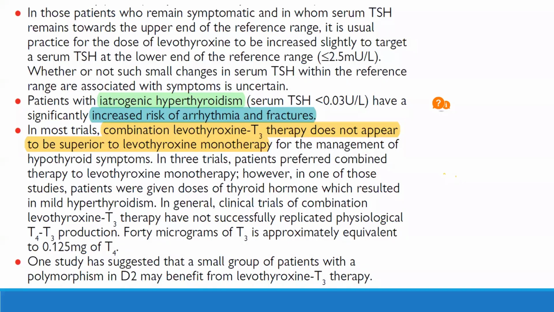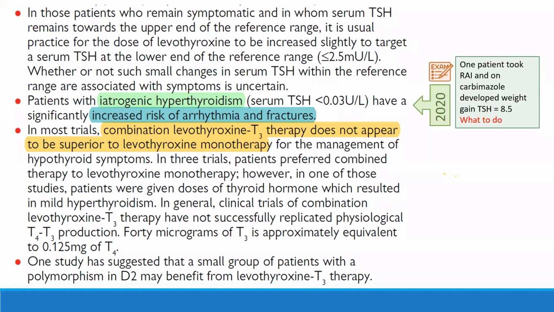Don't forget that a patient who receives levothyroxine in a dosage more than needed can present with iatrogenic hyperthyroidism, which increases the risk of arrhythmia and fracture. In this situation, the treatment of choice is to reduce the dosage of levothyroxine.